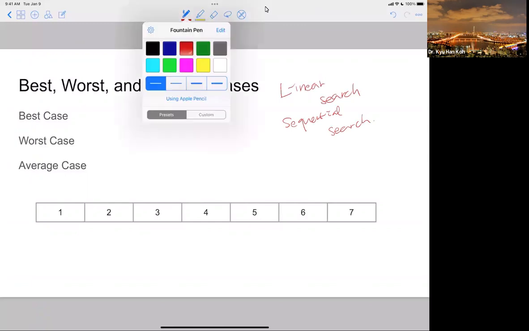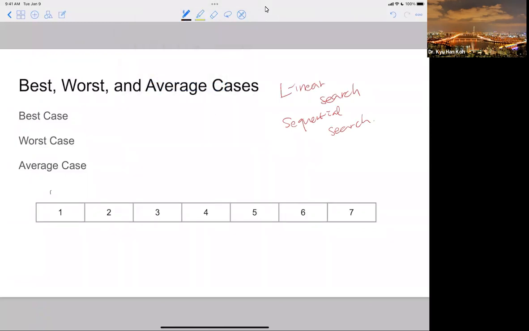Simply, what we do is check the first one, check the second one, check the third one, check the fourth, and we just do it until we find the target, right?